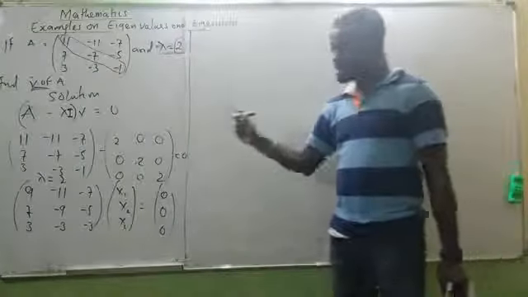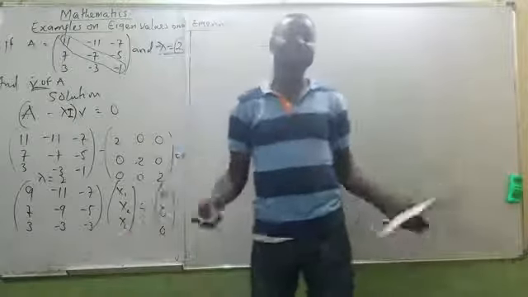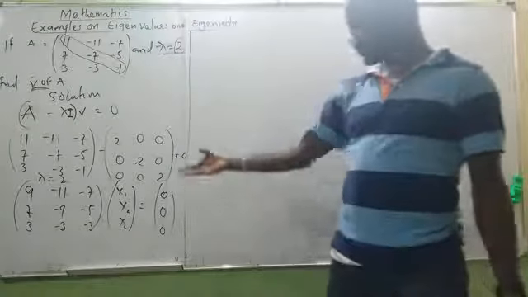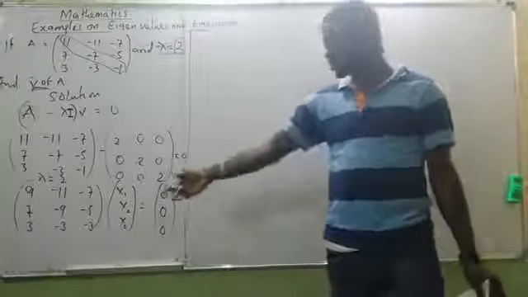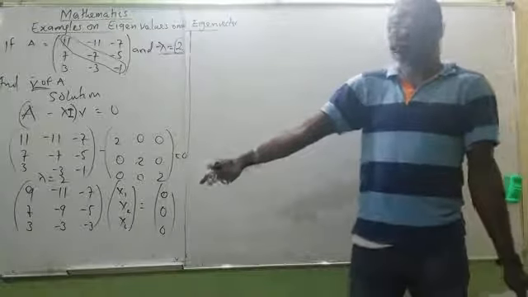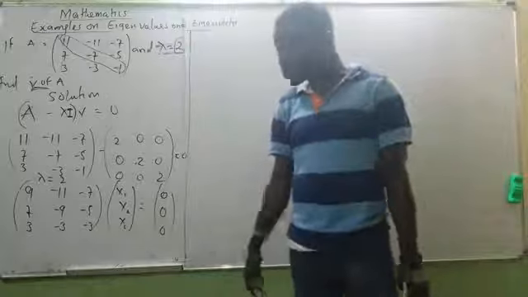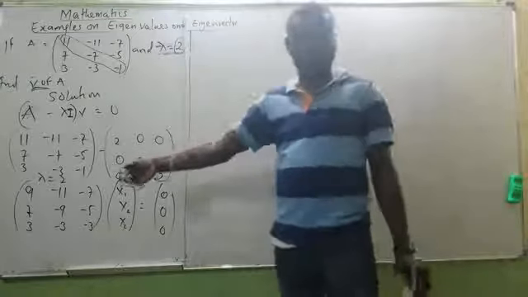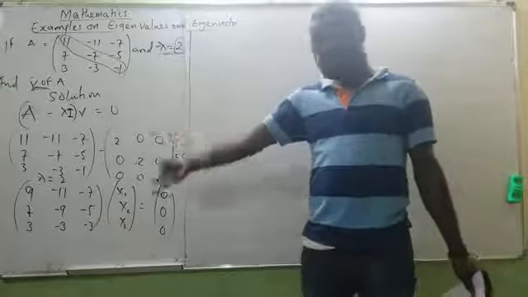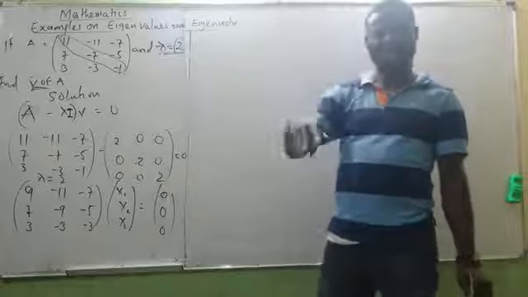The next thing I need to do is look at any convenient method of solving the system of linear equations. If you like, you can use the inversion method, the transformation method, or row reduction.